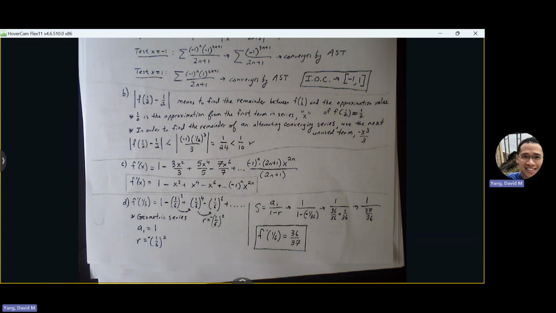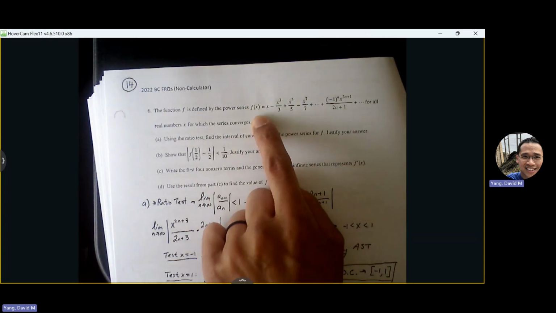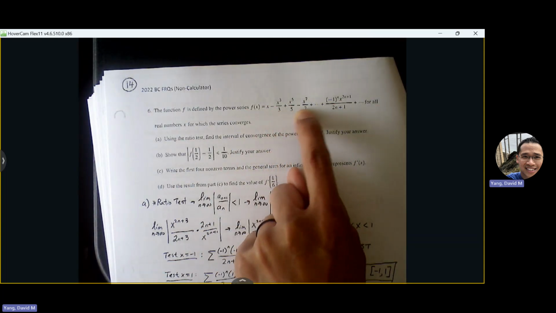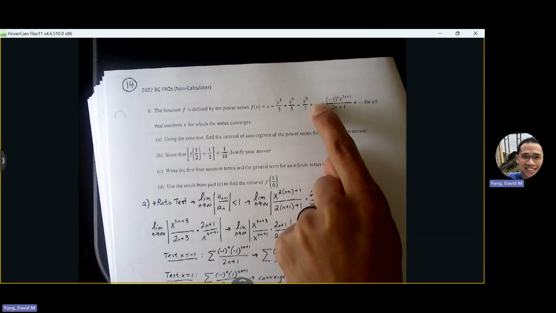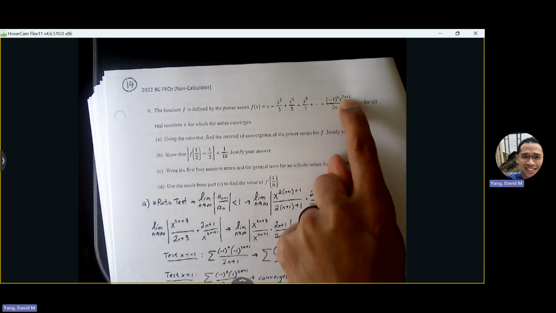So we go back to f of x, and we already see f of x spelled out for us. We just have to find the derivative. So we should do power rule for each of the terms. X becomes 1. You do power rule for each of the terms. You can also do power rule for your general term, right? Bring down the exponent and subtract 1 from that exponent.